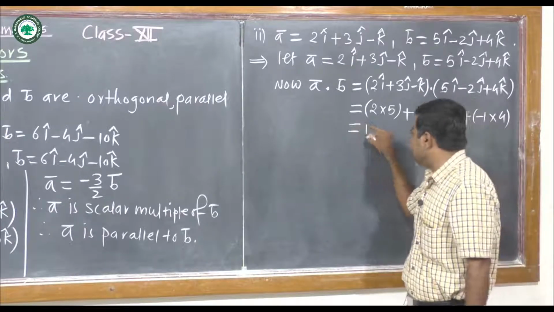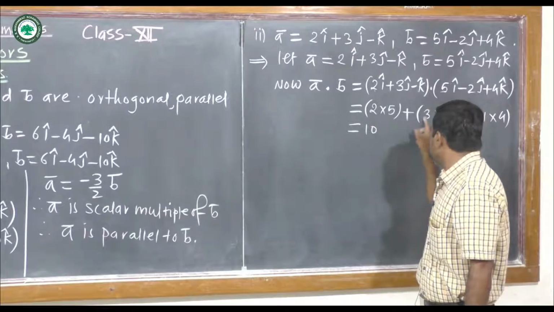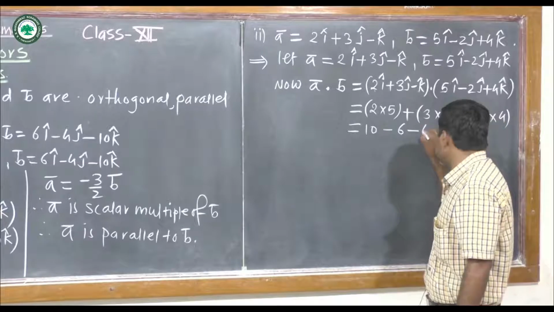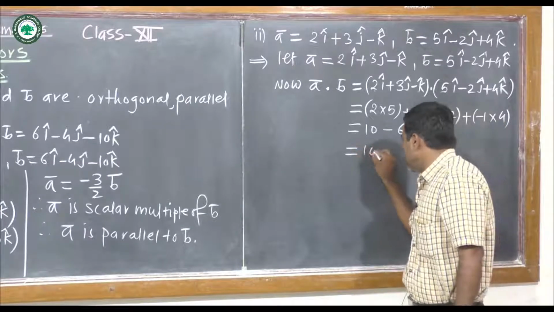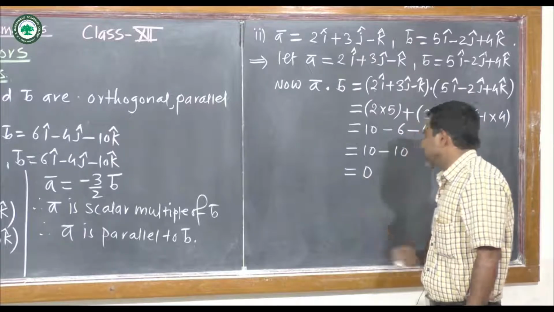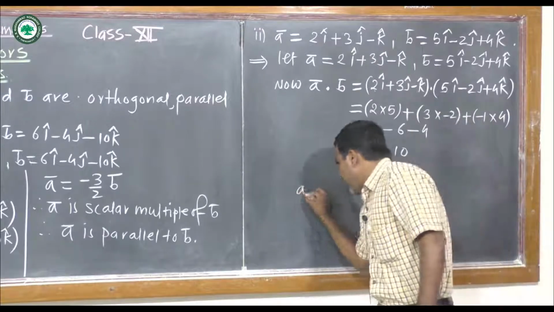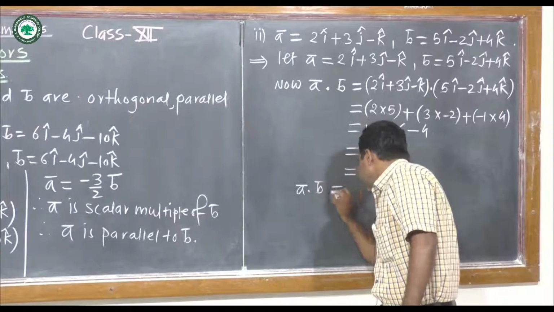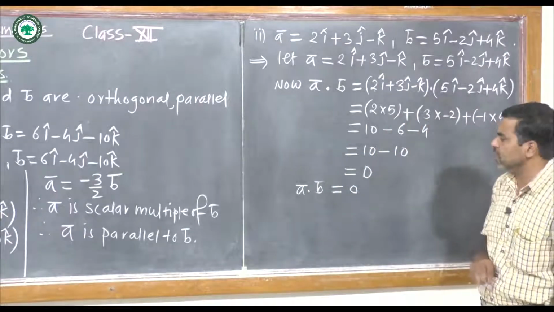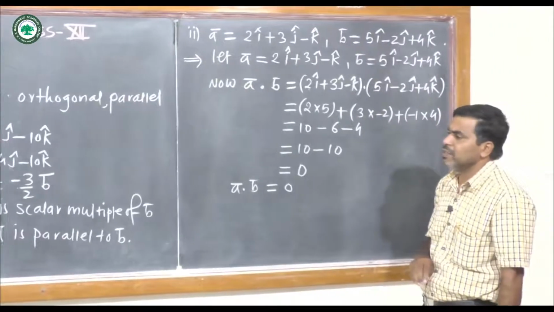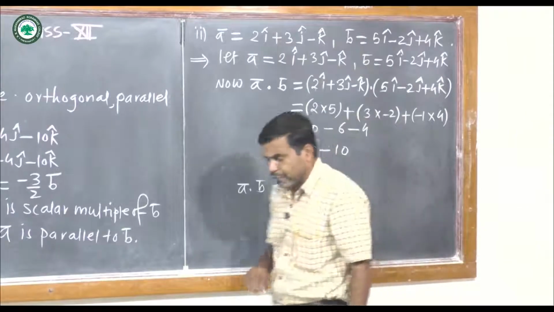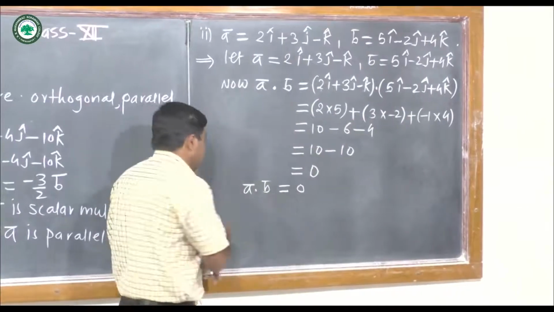So it is 10 minus 6 minus 4, which is equal to 10 minus 10, and it is equal to 0. So A bar dot B bar is equal to 0, and we know that if the dot product of any two vectors is 0, then these two vectors are orthogonal, perpendicular.